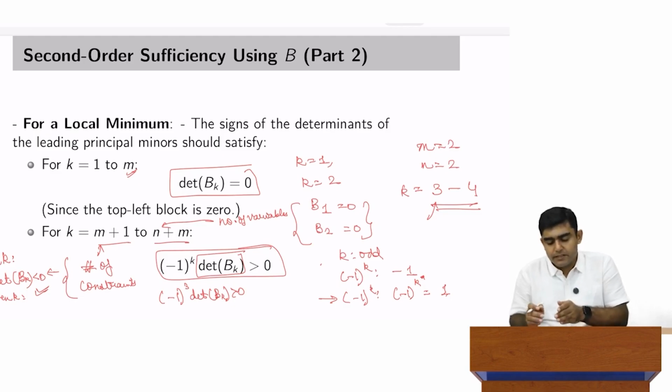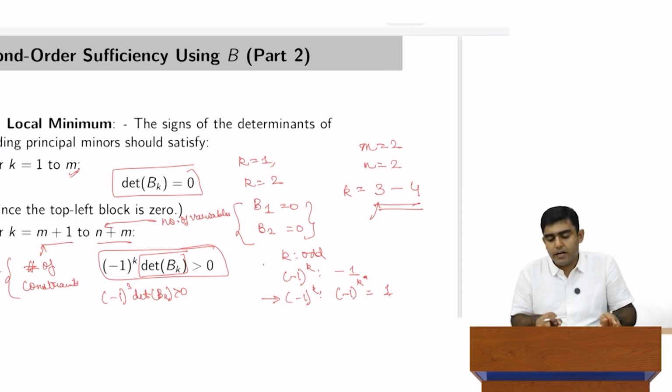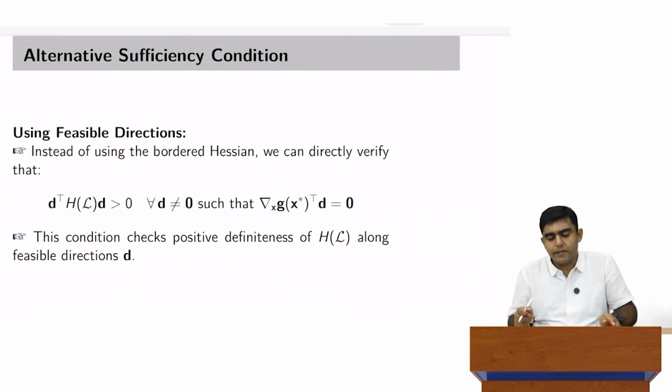And if this entire value is greater than 0 for all k's from m plus 1 to n plus m, then this point is guaranteed to be a minima, given that the necessary conditions of gradients equal to 0 for Lagrange are met at that particular point.